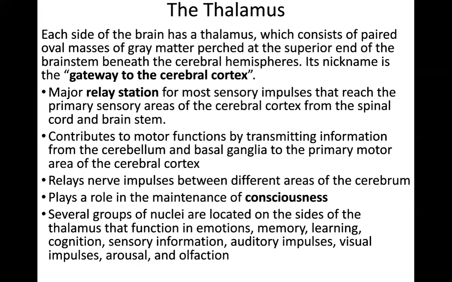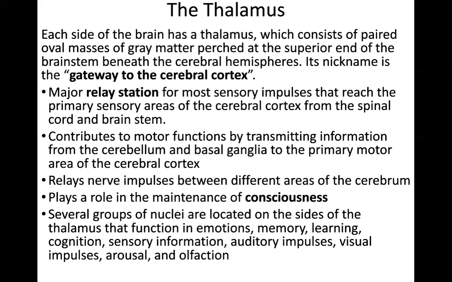The next area of the brain is called your thalamus, but you can see I listed its nickname, which is something you're going to want to know. What we call the gateway to the cerebral cortex. Your thalamus is a pair of oval-shaped masses of gray matter perched at the superior end of our brainstem, just beneath the two cerebral hemispheres.